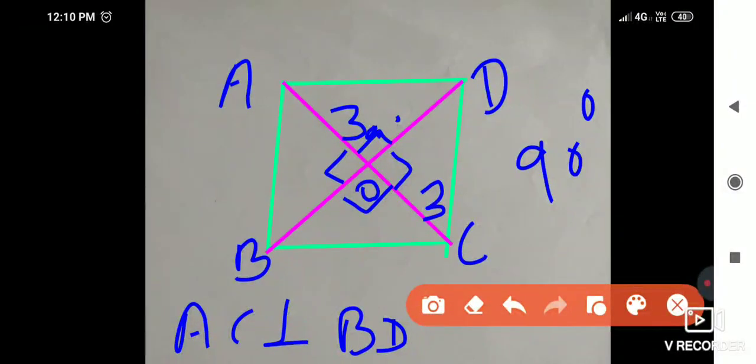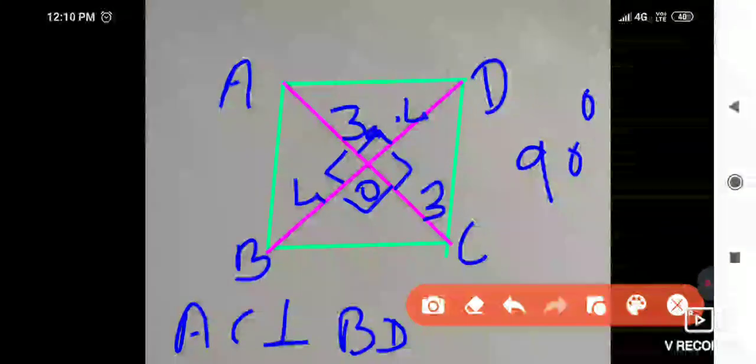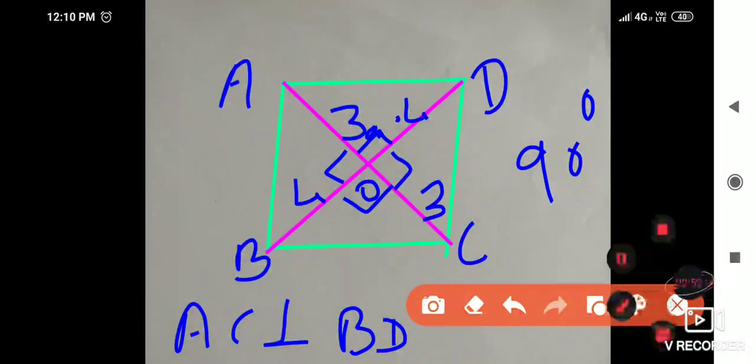In the same way, if BD is equal to 8 centimeters, then BO is equal to 4 and OD is also 4. So O is the midpoint of BD. So AC and BD are perpendicular bisectors of each other. This is the statement, the diagonals of the rhombus are perpendicular bisectors of each other, and we are now converting it into a conditional statement.